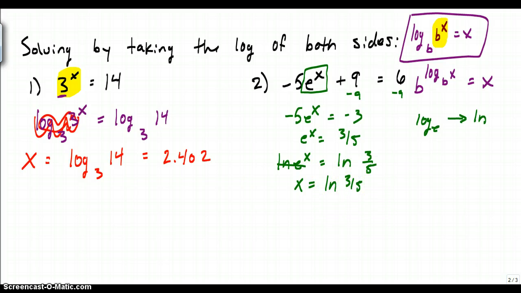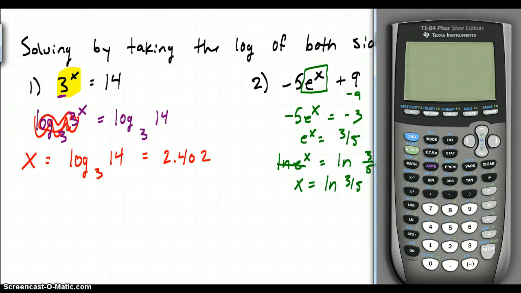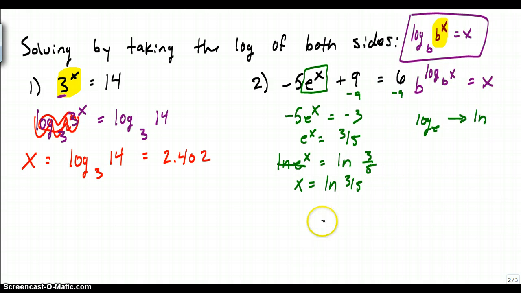If you plug the natural log of 3/5 into the calculator, you get negative 0.511. So your answer is x equals negative 0.511.